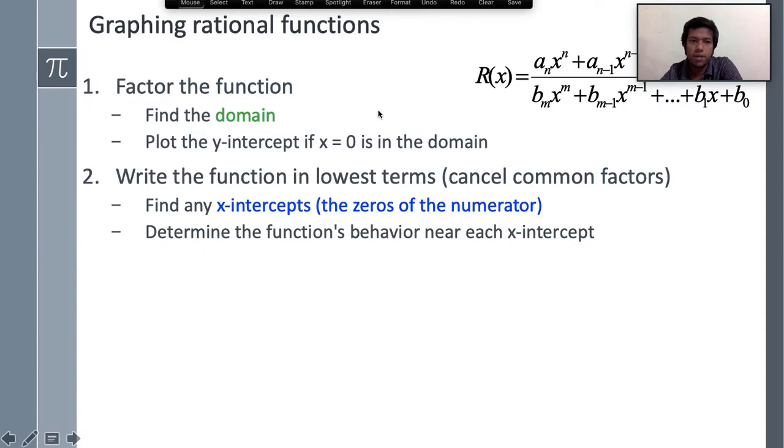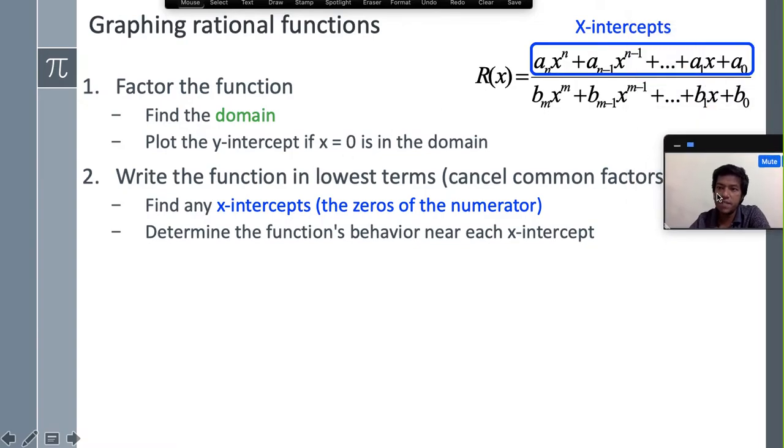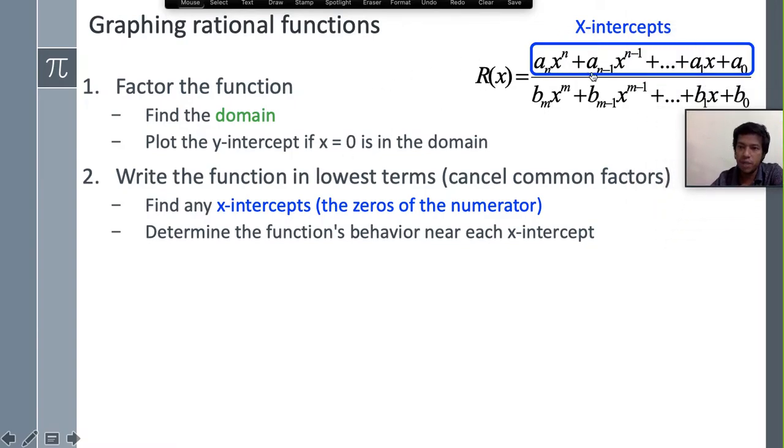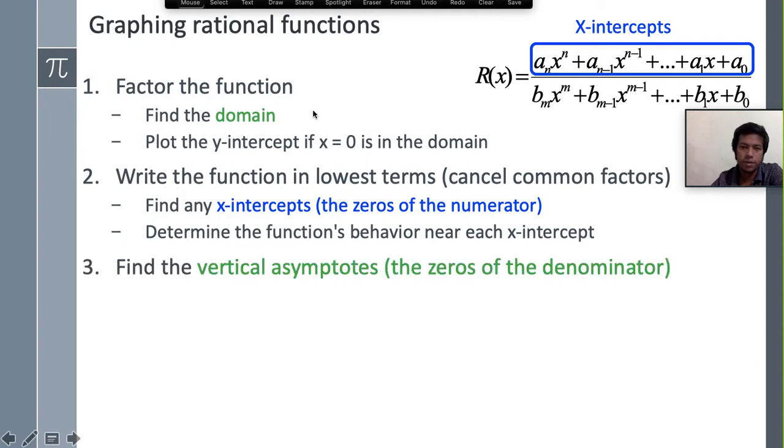So that's number 1. Number 2, write the function in the lowest terms and cancel the factors, because here we want to find out any x-intercepts, the zeros of the numerator, and determine the function's behavior near x-intercepts. One alternative is trying some points. So x-intercept will come from the numerator.